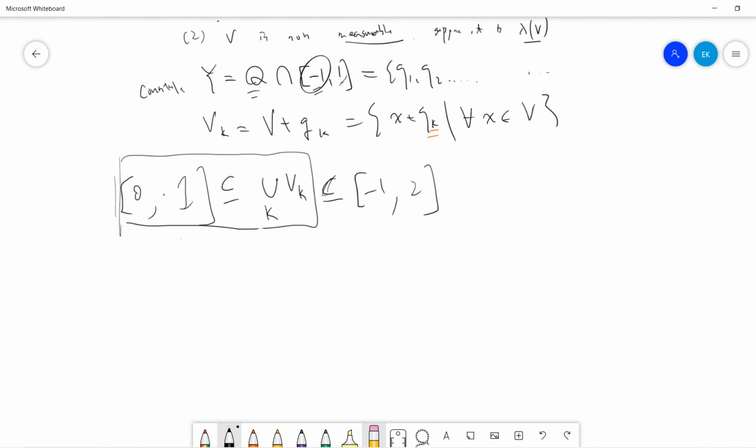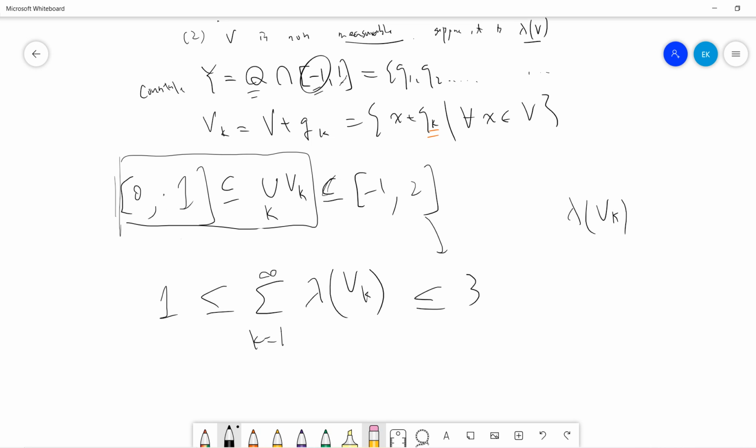So if that's the case, then by additivity this length 1 is larger than or equal to the sum of lambda vk, k from 1 to infinity, and less than 3, because of the length. But the problem is that lambda vk can only have two possibilities. One is 0. If it's 0, then it's impossible because the sum must be larger than 1. If lambda vk is larger than 1, then it will always blow up.